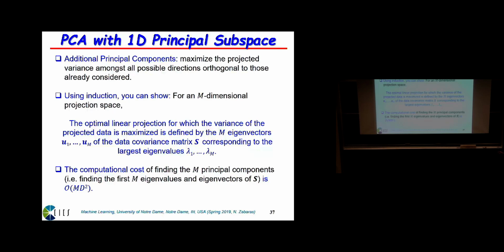So you assume that you have done projection, let's say, in m-1 dimensions, and then you try to figure out what the mth vector to project on is that maximizes the variance of the projected data. And then you can show that what you get is the eigenvector and the eigenvalue next in the sequence of the sample covariance matrix.